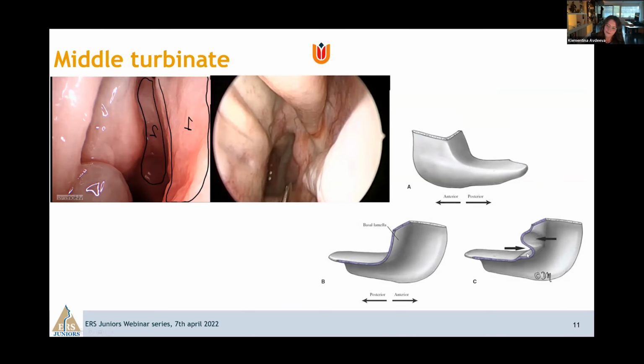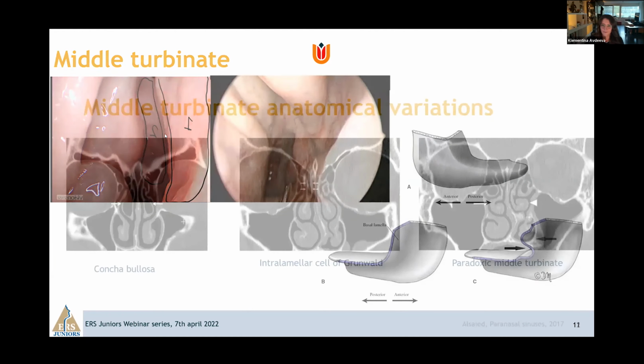It can have quite a funny shape because of pneumatization of anterior and posterior ethmoid cells into the basal lamella. The basal lamella separates anterior ethmoid cells from posterior ethmoid cells. So if we go through this structure, through the basal lamella, we will be in the posterior ethmoid area.